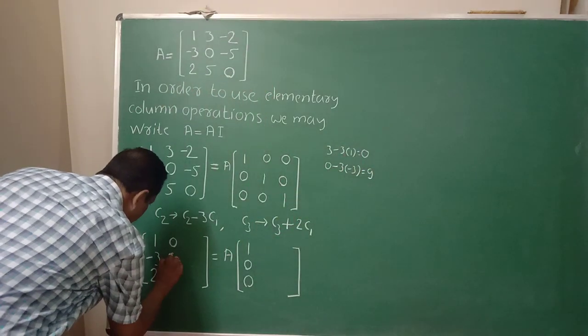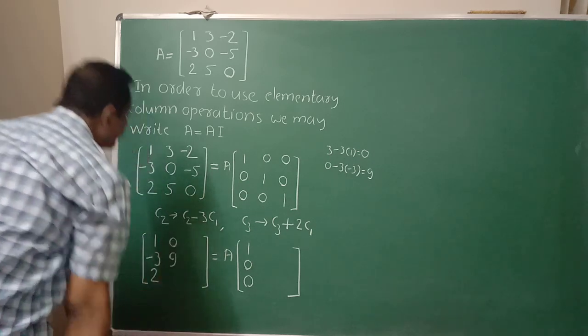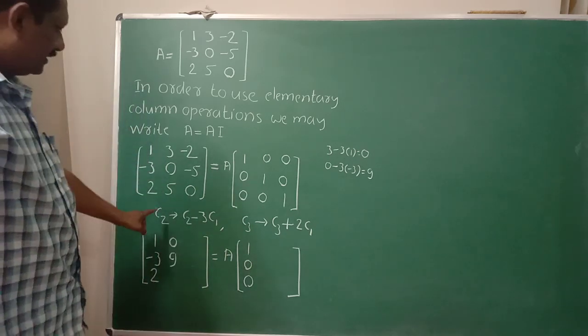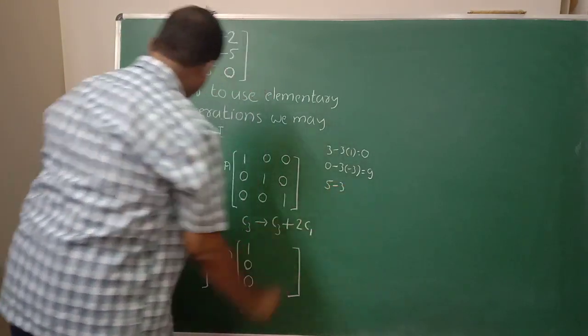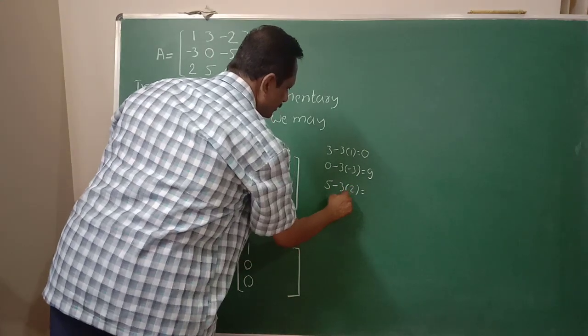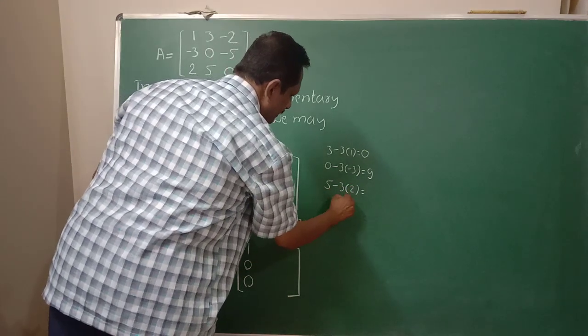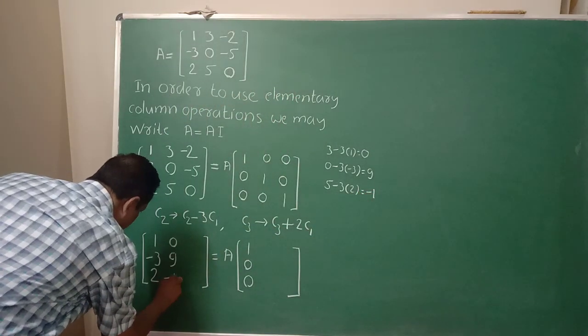So write here 9. Then 5 minus 3 into 2. 3 into 2 is 6. 5 minus 6 is minus 1. So this is minus 1.